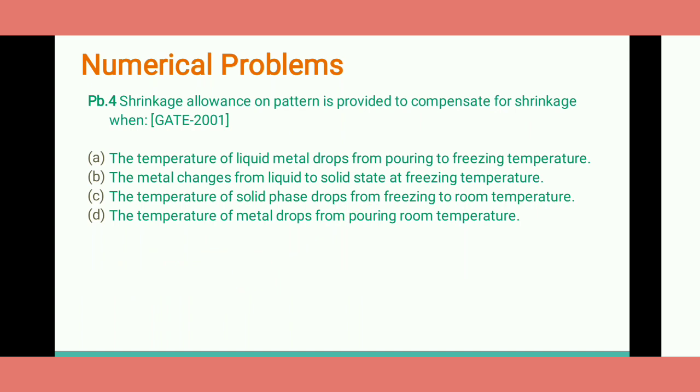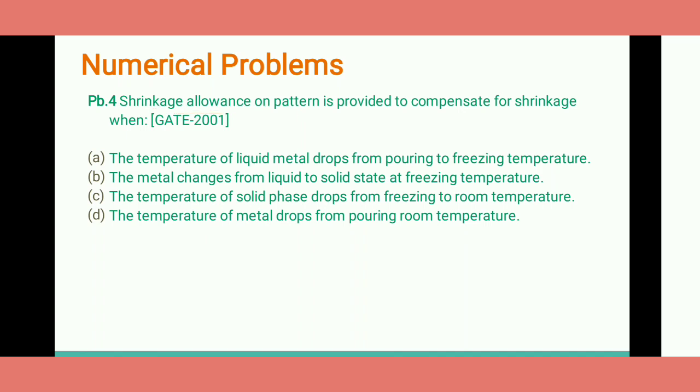Next is also a GATE problem that was asked in 2001. The shrinkage allowance on a pattern is provided to compensate for shrinkage when these are the cases, like what we discussed in the first figure graph, that is liquid shrinkage, solidification shrinkage, and solid contraction. So here in this problem, please look at the shrinkage allowances on the pattern.